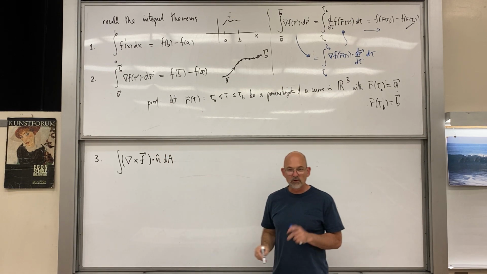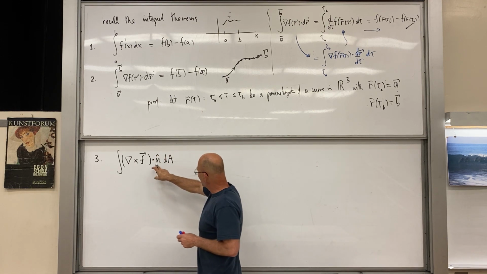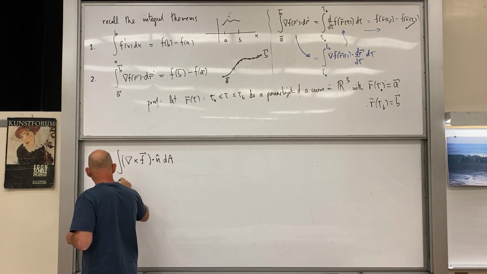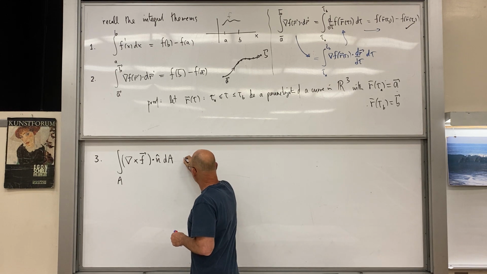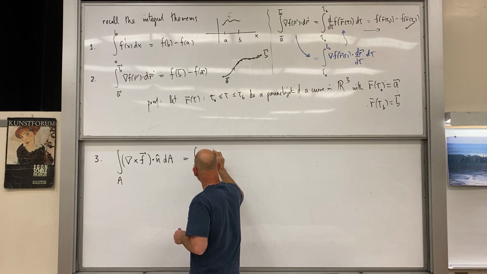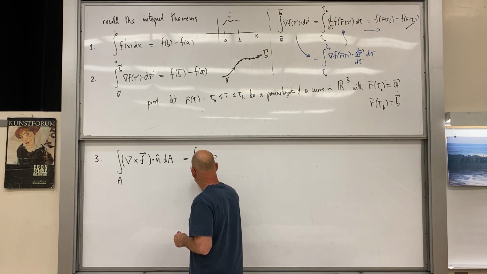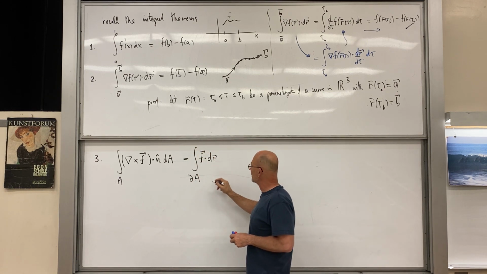So I'm showing you Stokes' integral theorem. So you've got the curl of the vector dotted into a surface normal. I'll just write area here. Is equal to the line integral of that vector dotted into dr. And this symbol here means the boundary of that surface.